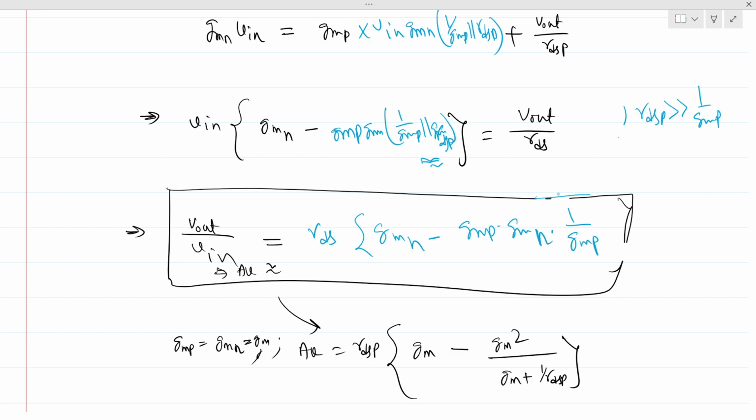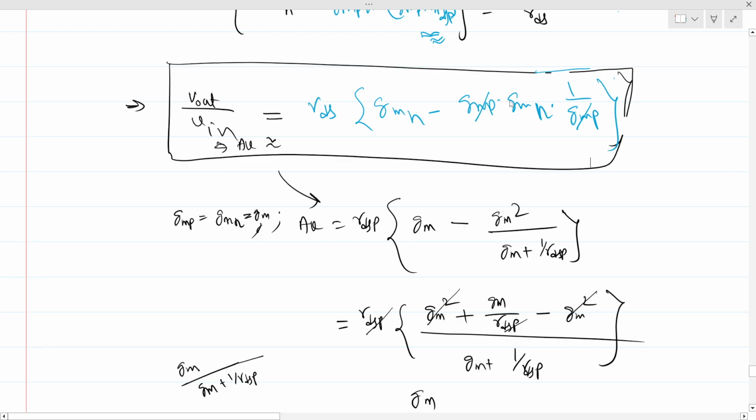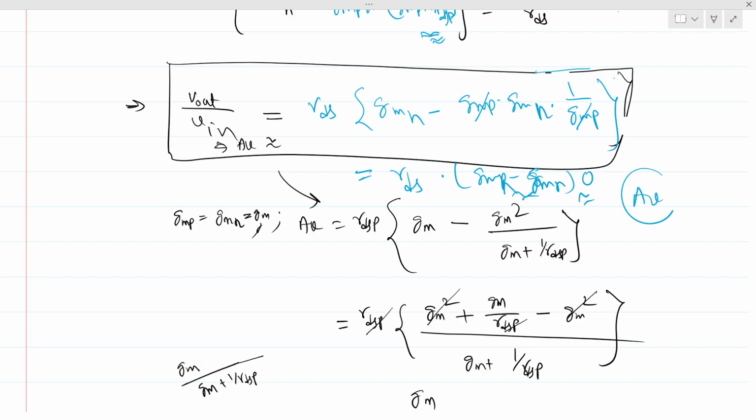Because the parallel combination of 1 over gmp parallel rds of P will give 1 over gmp. So this cancels. So now this expression is coming. So we can see the gain from here, rds is nothing but gmp minus gmn minus gmn, right? So this is 0. So eventually the gain is 0. Okay, so this is the correct expression.